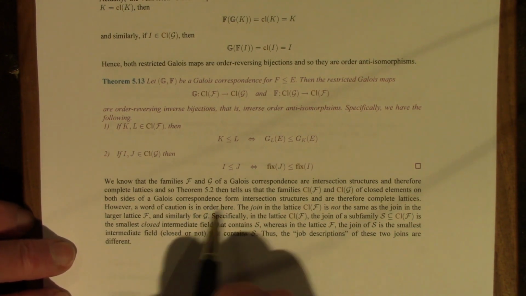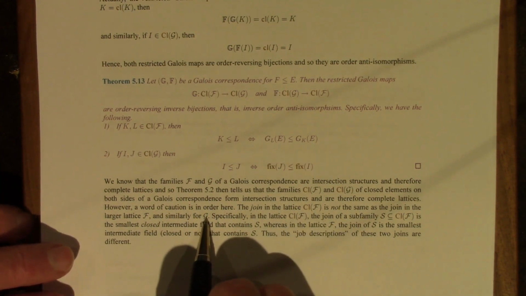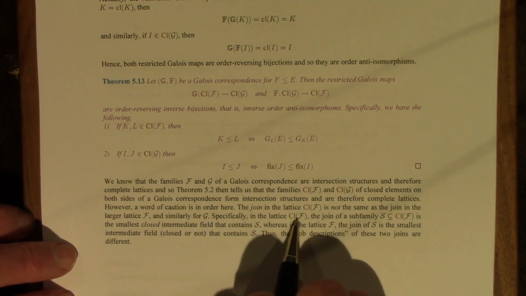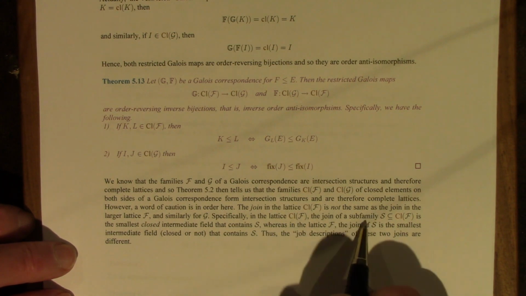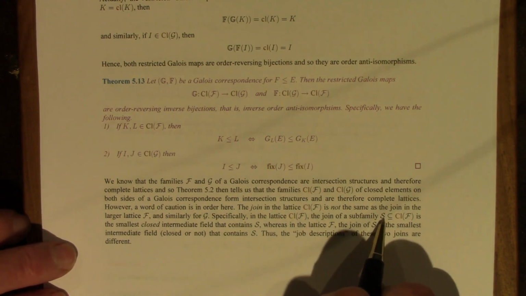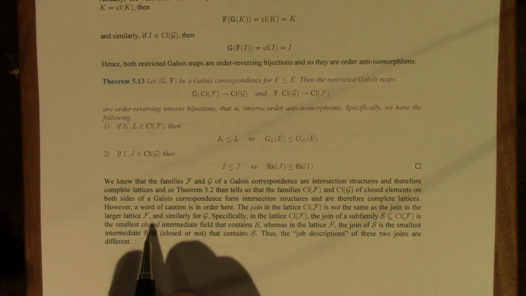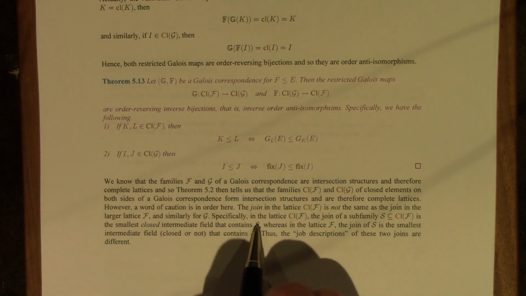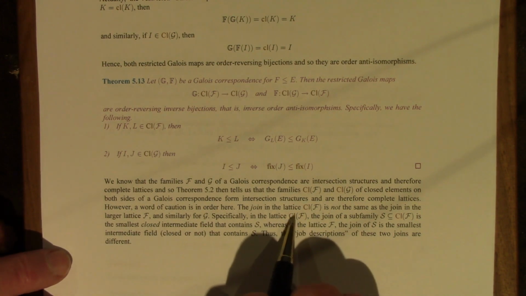And also that applies to the group side also. You see, in this lattice of closed intermediate fields, the join of a subfamily S is the smallest closed intermediate field that contains S. It's the smallest element of this lattice.